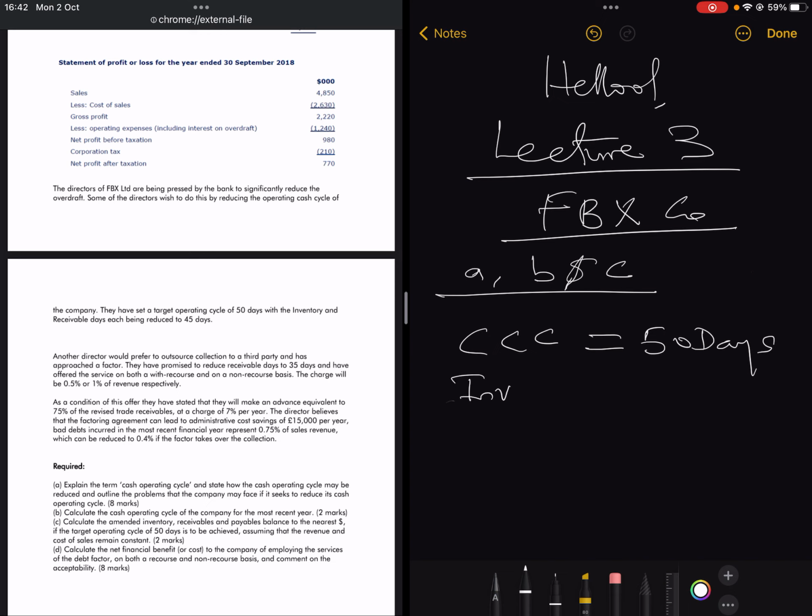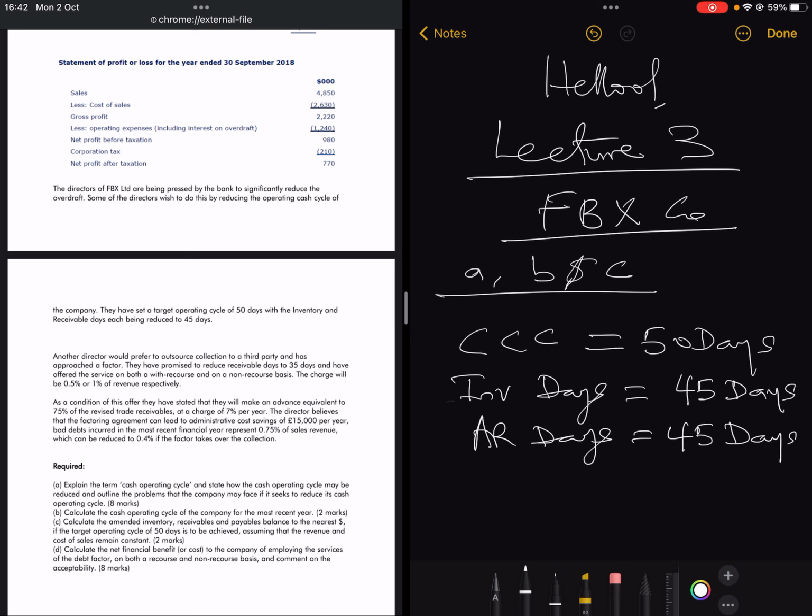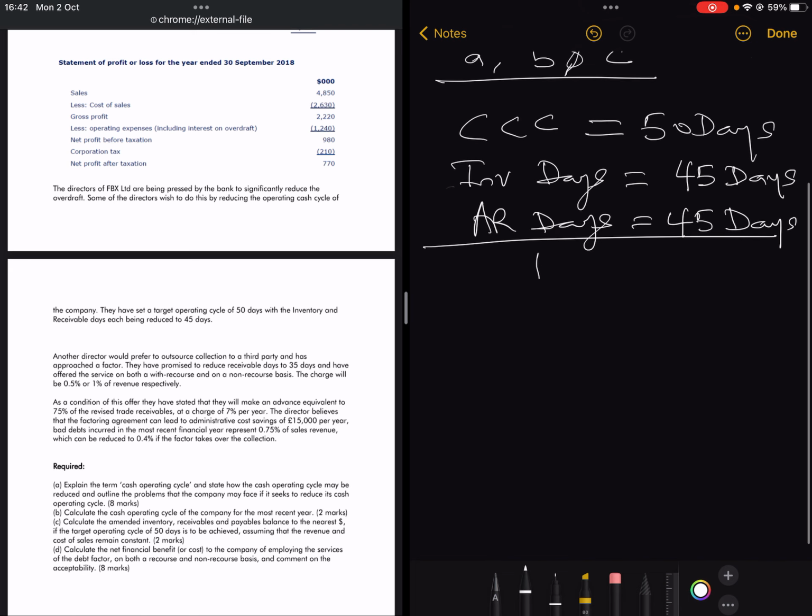And they want inventory days and account receivable days to be at 45 days each. That's the target. But let's look at the requirement of the question.